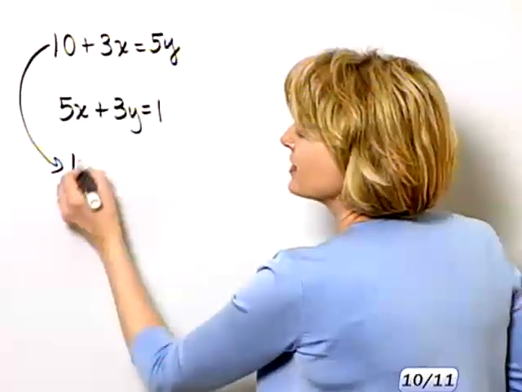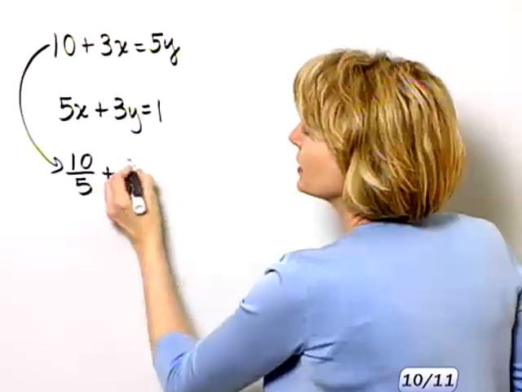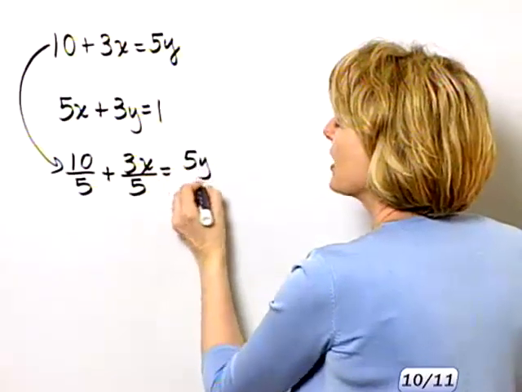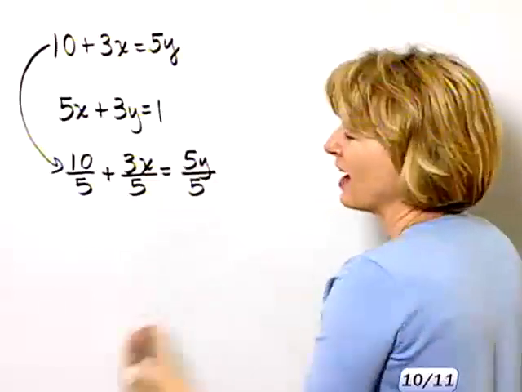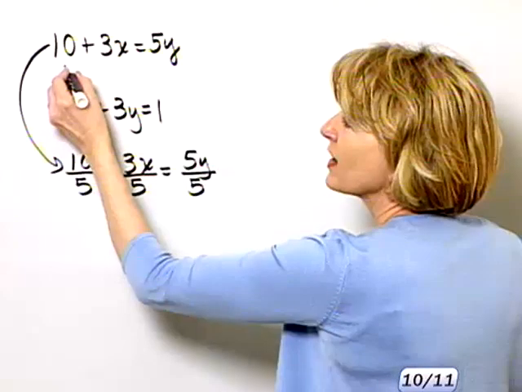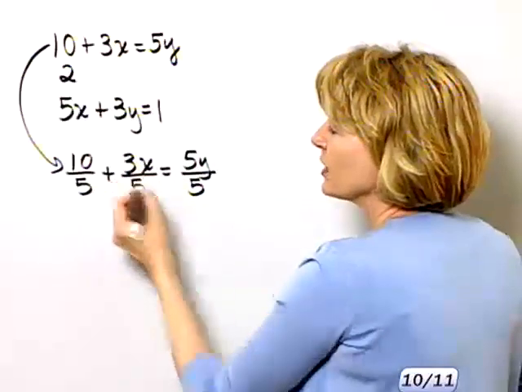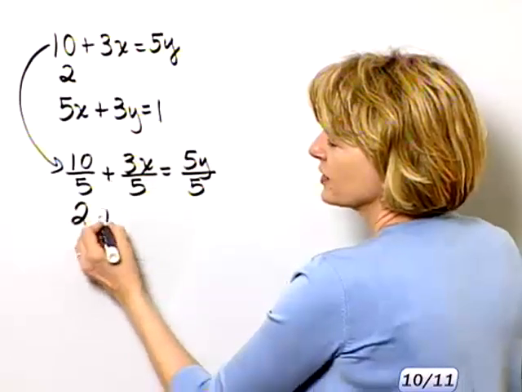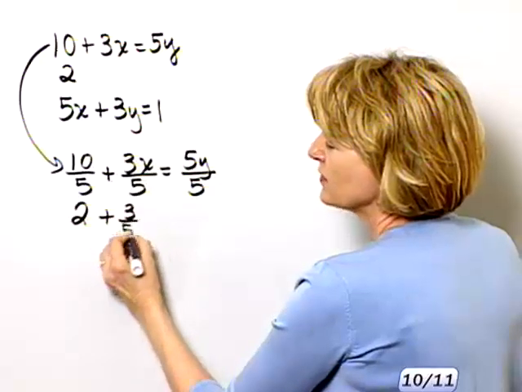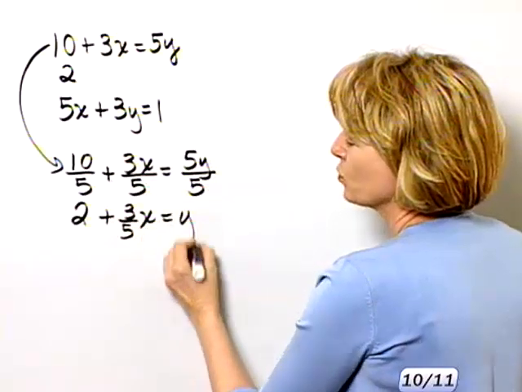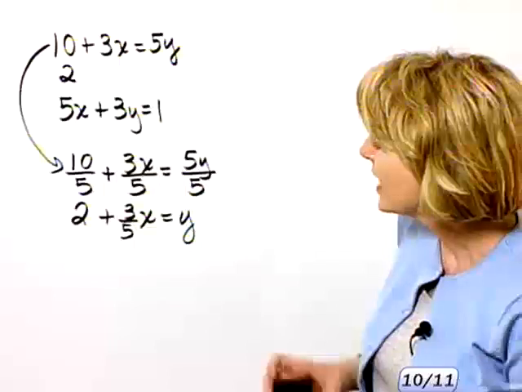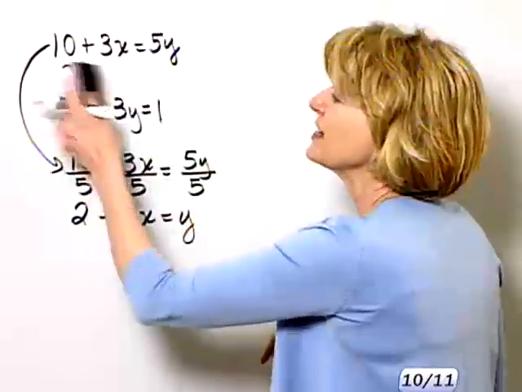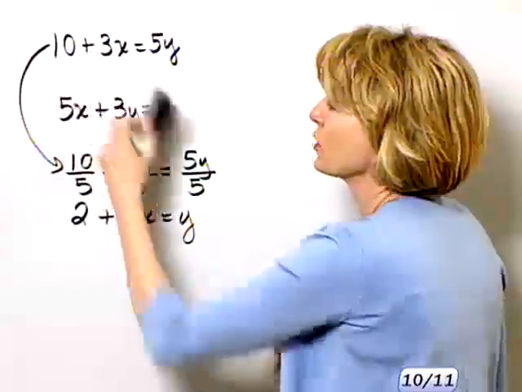So I'll have 10 divided by 5 plus 3x divided by 5 is equal to 5y divided by 5. Or 10 divided by 5 is 2, plus 3/5 x is y. And now I'm going to go ahead and write the y first, so you can see it in that exact slope-intercept form.